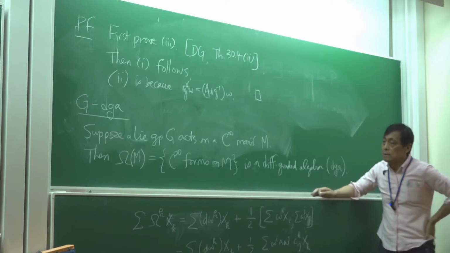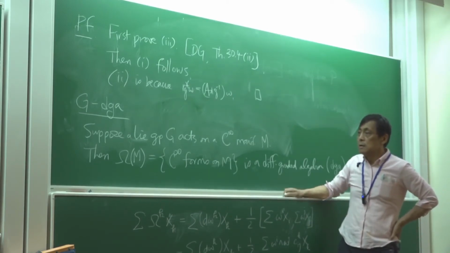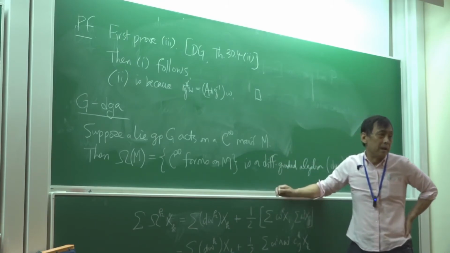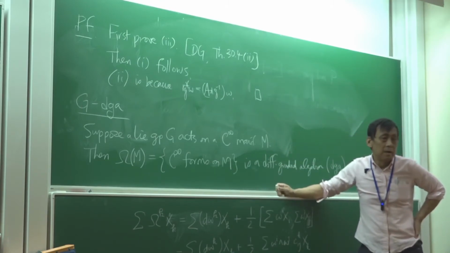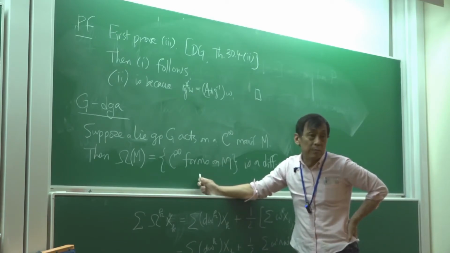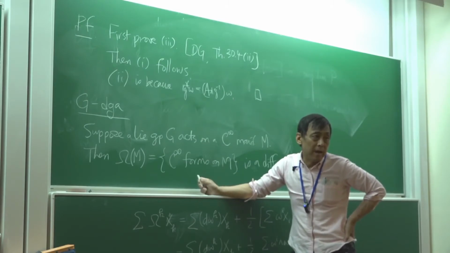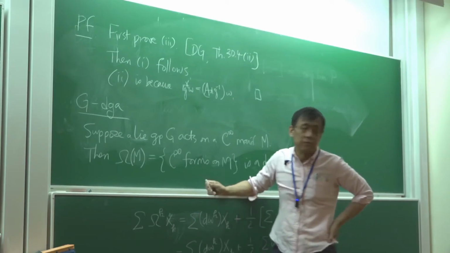Well, that doesn't take into account the group action. For any manifold, the C infinity forms is a differential graded algebra. Now the group action gives this algebra some additional structure.